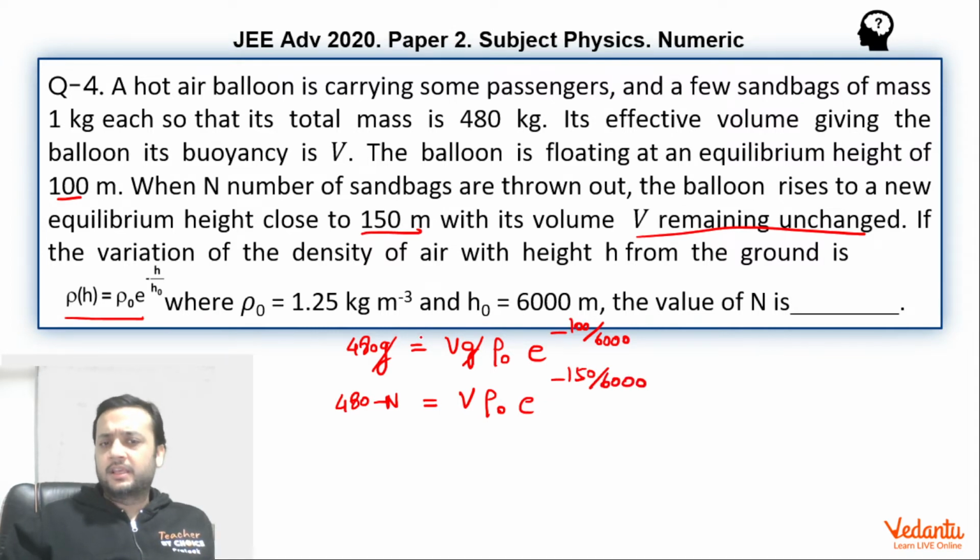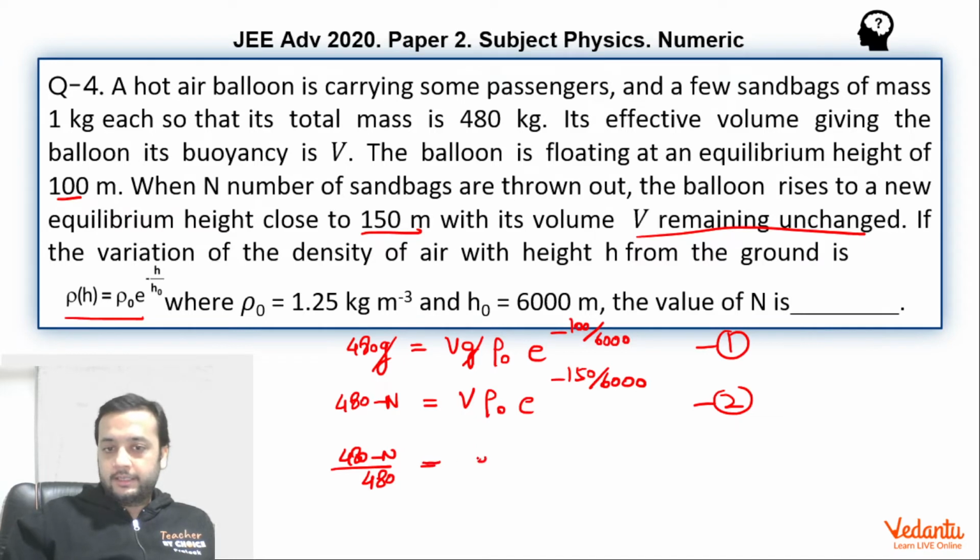Fairly simple one. So we can divide equation 2 over equation 1, rather. That will be slightly easier. So we can say that 480 minus n divided by 480 is equal to e to the power minus 150 divided by 6000, divided by e to the power minus 100 upon 6000.